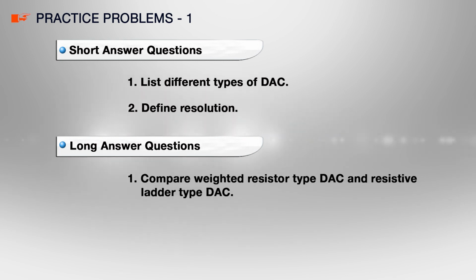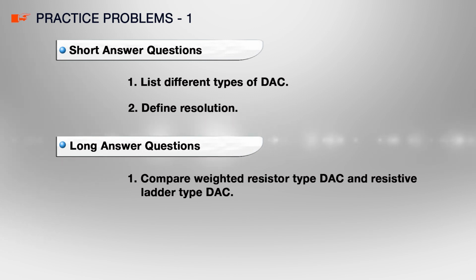In long answer type questions, the first question is compare weighted resistor type DAC and resistive ladder type DAC. In order to compare, you can use the circuit diagram of both the DACs, their advantages and disadvantages.